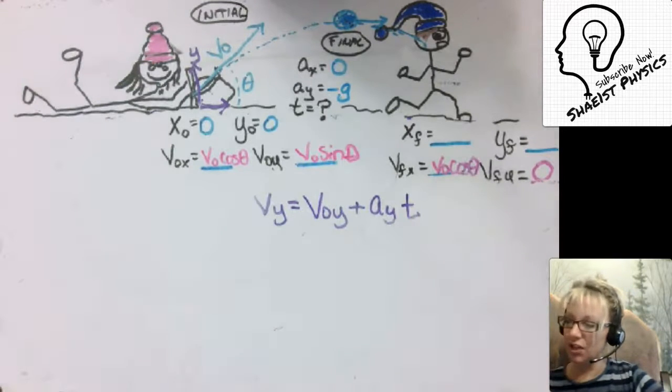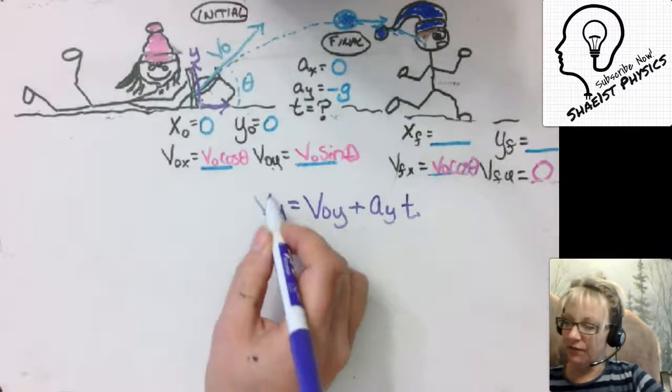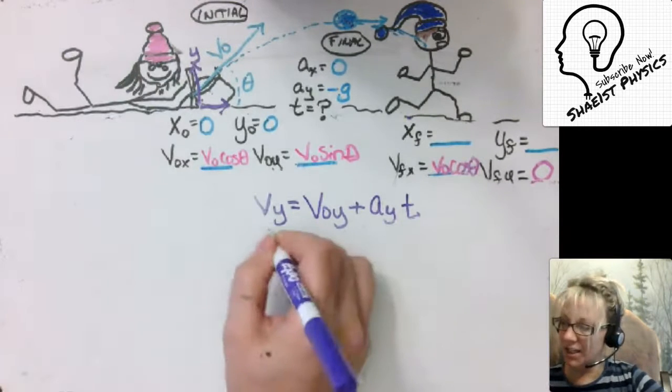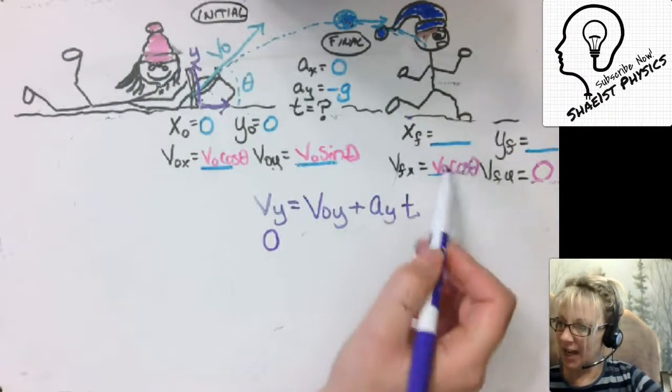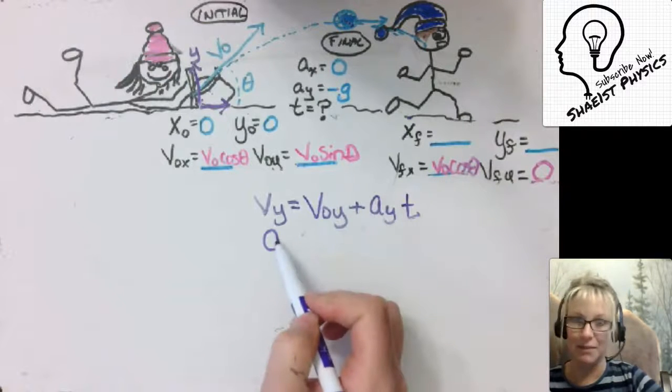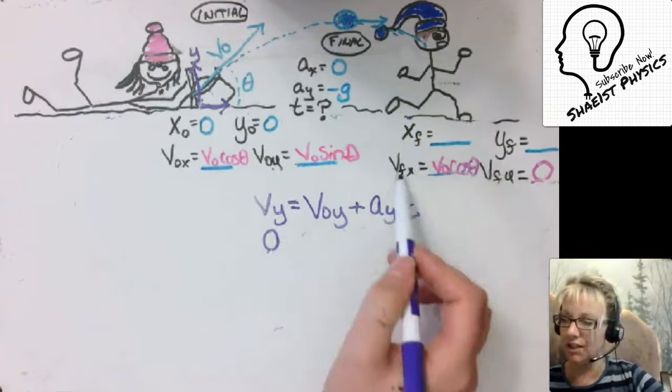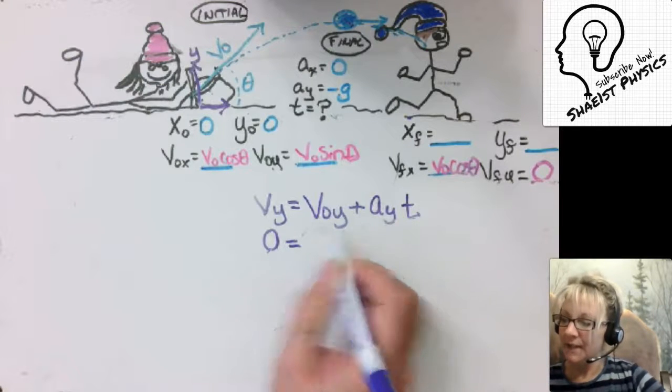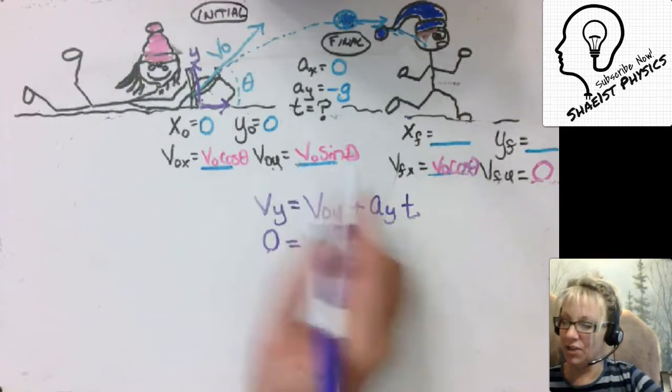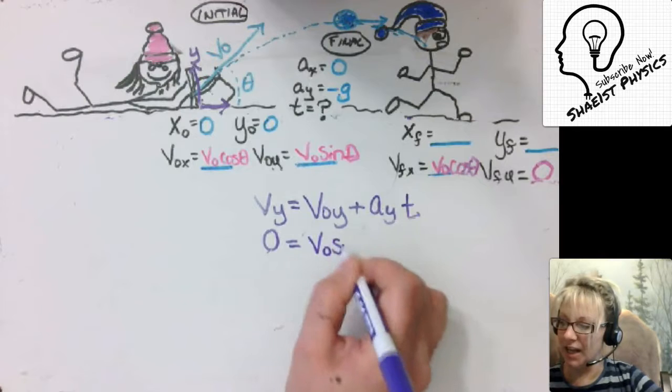So now all we're going to do is plug in our knowns. The final velocity in the y direction is 0. See that? I'm just taking these values and plugging them in. Remember, when I rewrote these equations, I just left off the little f's. The initial velocity in the y direction is v0 sine theta.